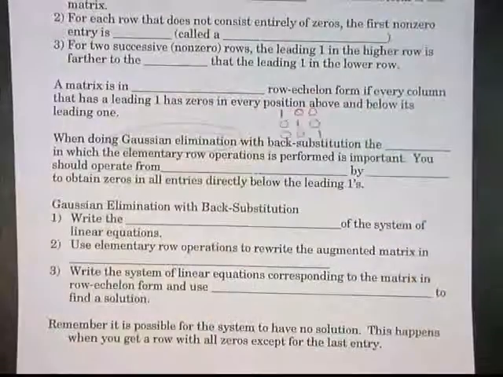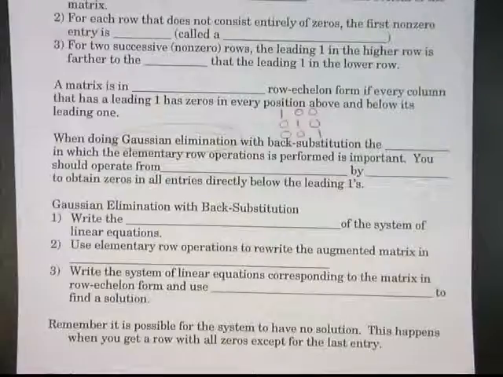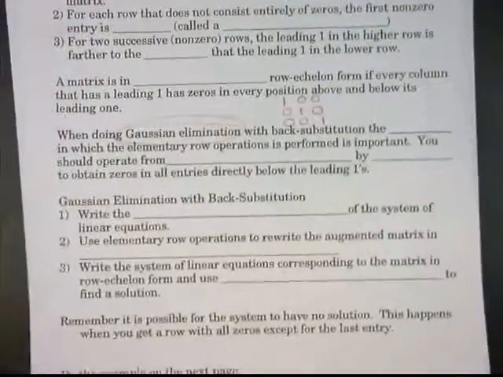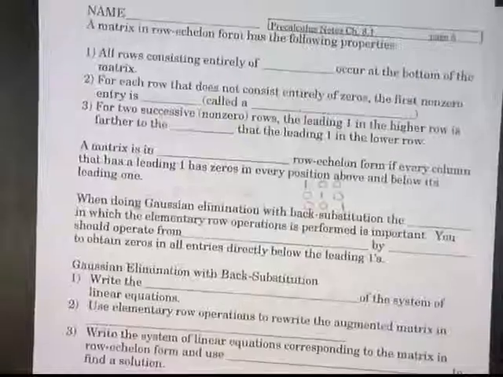This is the one that we're going to do a lot more of. The one we did before was a partial of that. We got 1s and we got zeros below, but we didn't get zeros above. And we're going to work towards that. But the way we do it is we follow these rules. So go into your book and get that all copied and filled in.